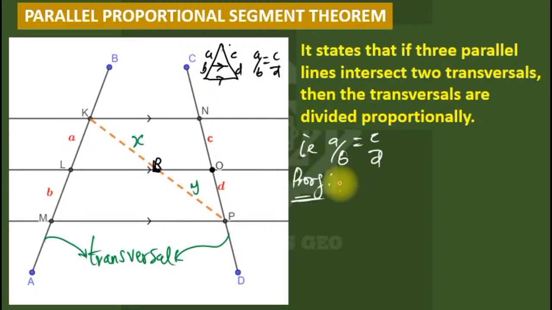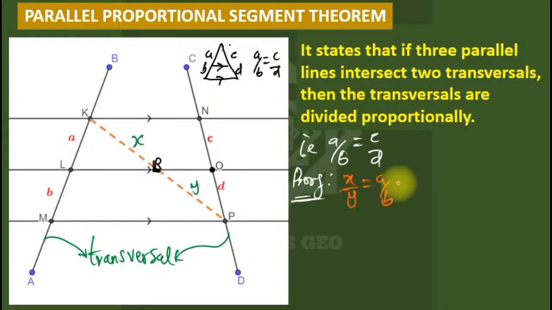Looking at triangles KMP and KLB, X over Y will be the same as A over B.